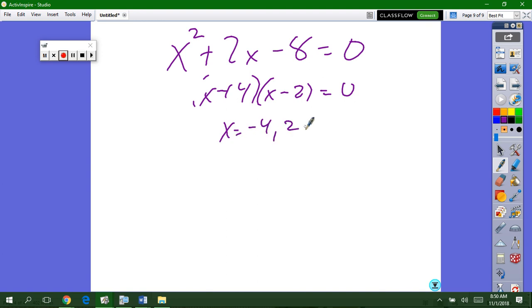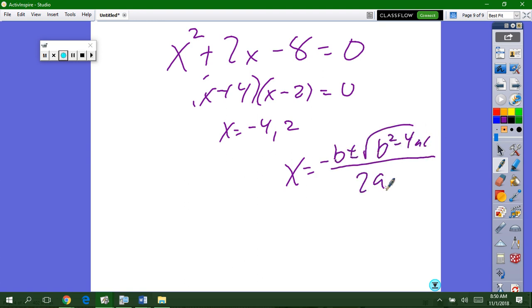Did we complete the square on this problem? What answers did we get? Same thing. So let's do it the third way. We're going to do the quadratic formula. Once again, x equals negative b plus or minus square root of b squared minus 4ac, all over 2a.